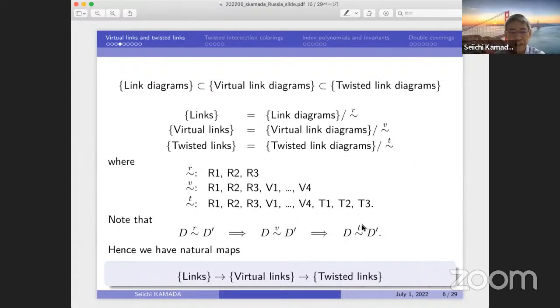I will talk about that later. Anyway, we have a map from links to virtual links and from virtual links to twisted links. Is it okay? This part is just a relation.